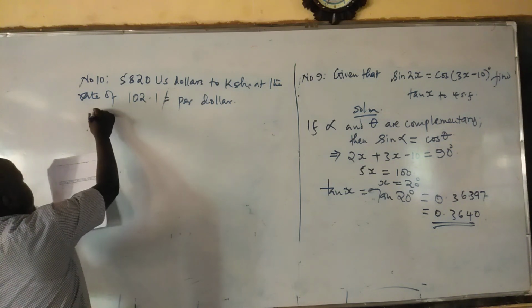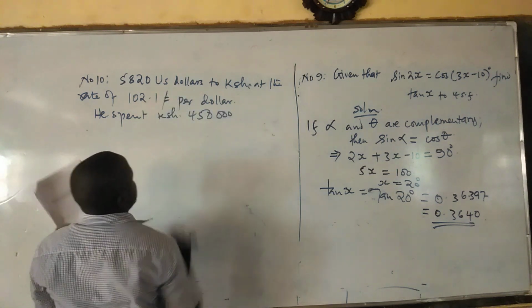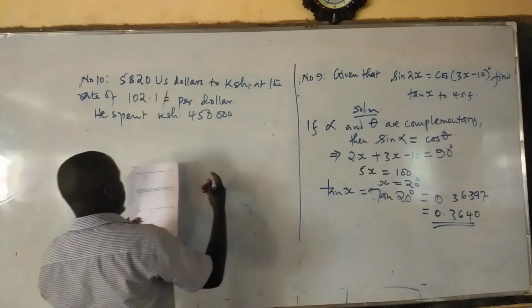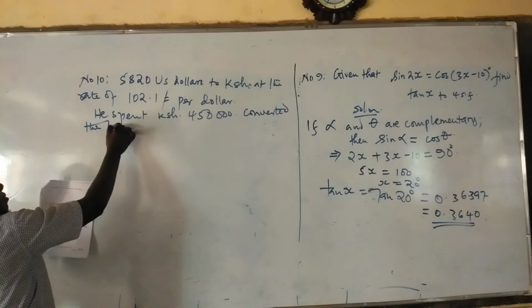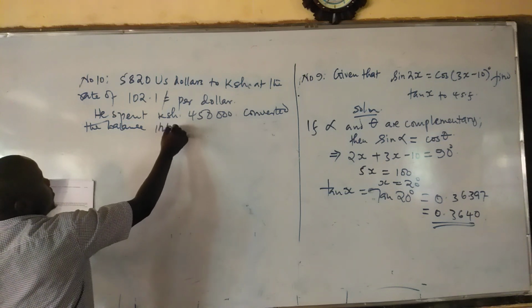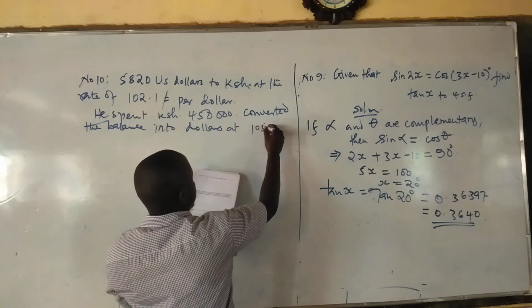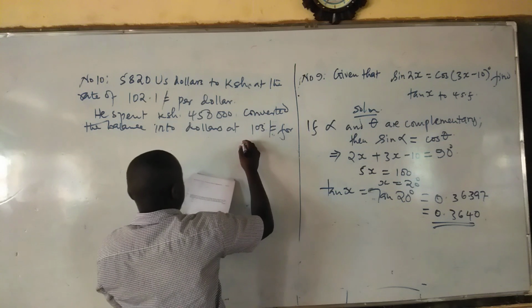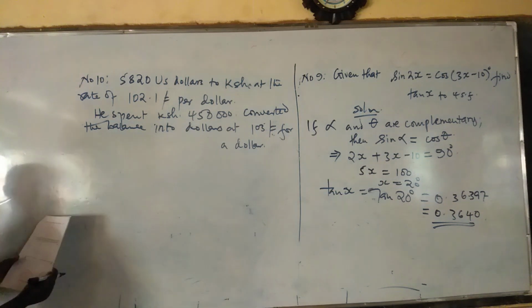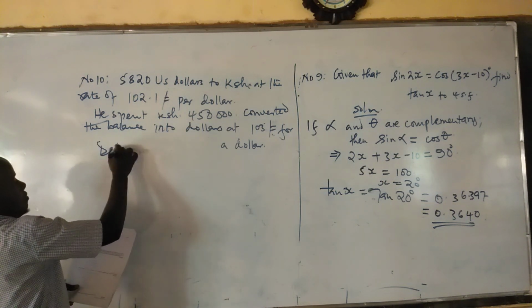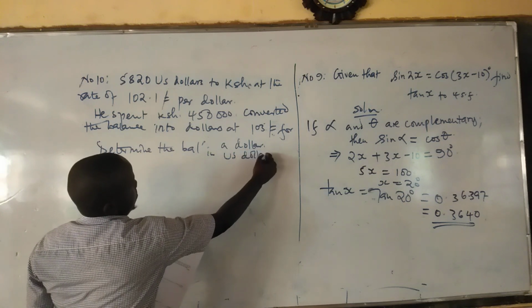Then while in Kenya he spent 450,000 and converted the balance into US dollars again at the rate of 103 shillings for every dollar. Determine the balance in US dollars.